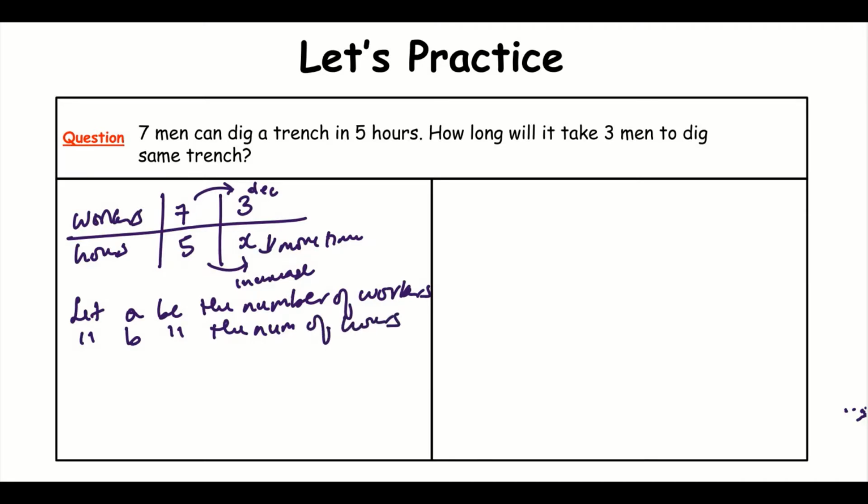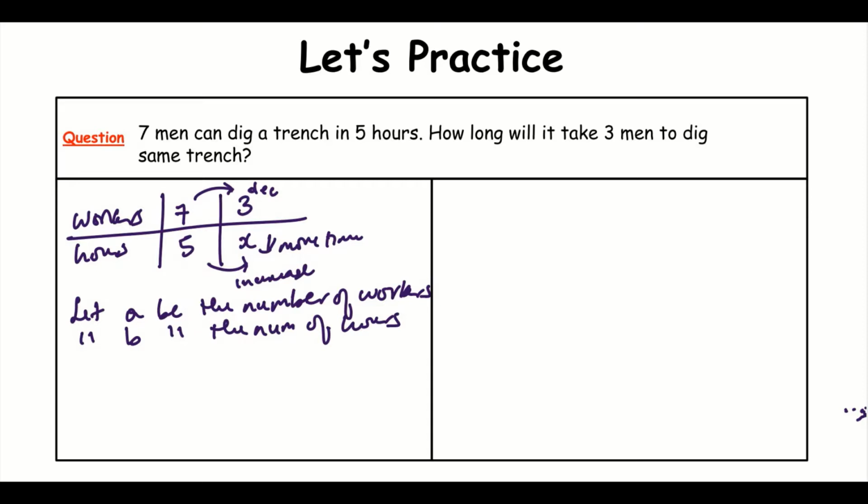Alright, now because it's an inverse variation, because we say as the workers decrease, common sense will dictate that the amount of time taken is going to increase. So once we have opposite things happening with both variables, we know that it is inverse proportion.